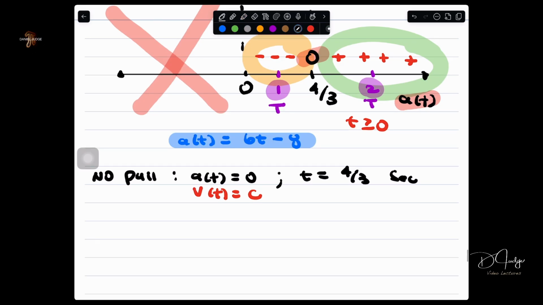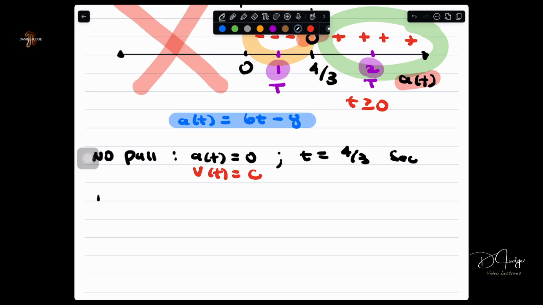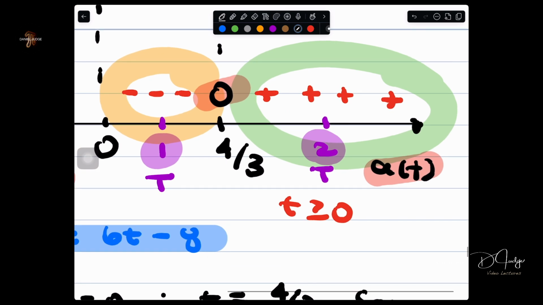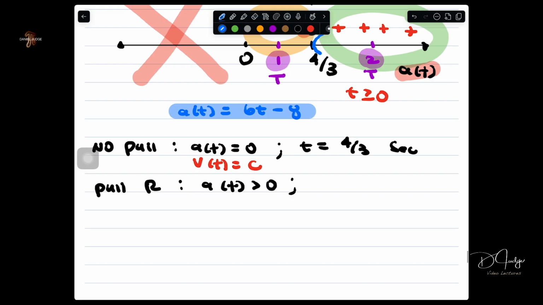Now, you're going to have, we'll call this pull to the right, where your acceleration is strictly positive. That means it's for values of t on our sign analysis that are bigger than 4/3. So t has to be greater than 4/3 seconds.